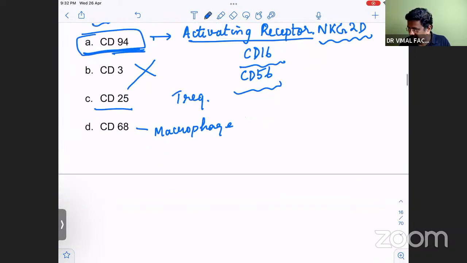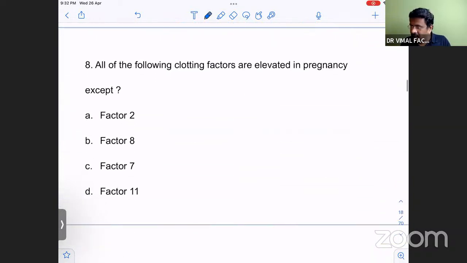Just learn this. All of the following clotting factors are elevated in pregnancy except, this is a straightforward question. In pregnancy all the clotting factors are elevated except factor 11 and 13. This is a very important thing.